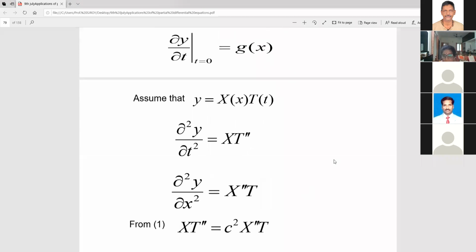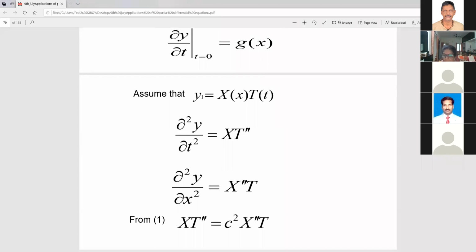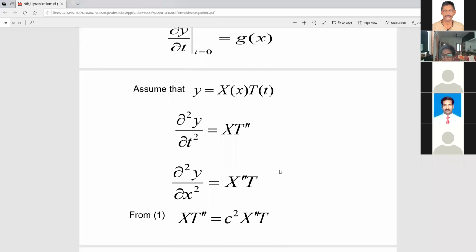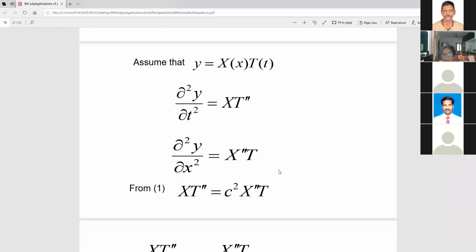So basically what we are doing, we are assuming that small y can be written as capital X into capital T, where capital X is a function of only small x and capital T is a function of only small t. Now if I write down these equations, we'll be getting partial derivatives like this. These are all partial derivatives I have written.